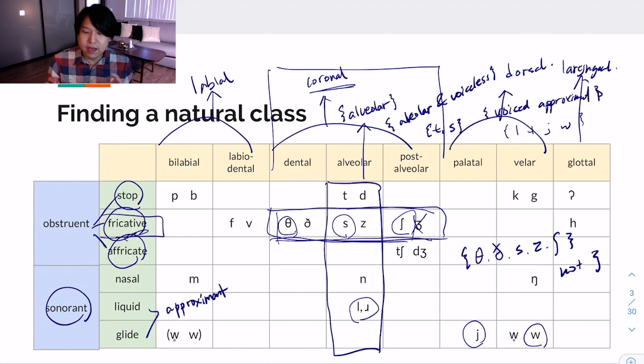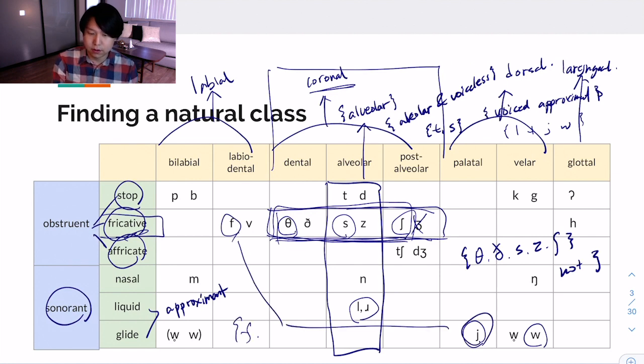There is no way in this table to group only these 5 elements together as a natural class. So these 5 elements will not form a natural class. Likewise, if I say, is there a natural class that can group fa and ya, just these two? No, because there is no way you can group only these 2 elements without including other consonants in English. And this concept of natural class is important.